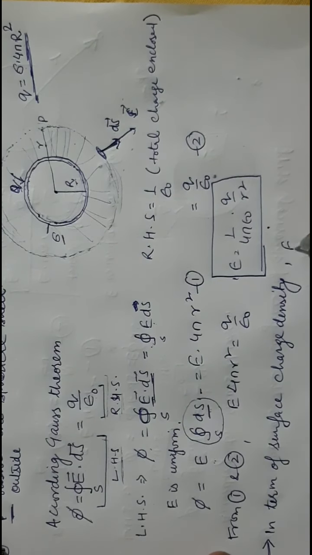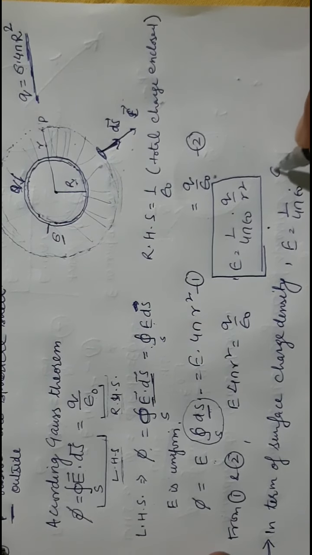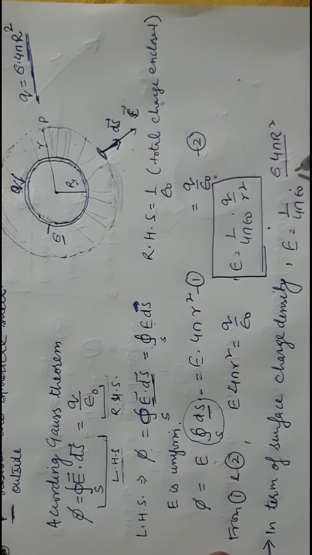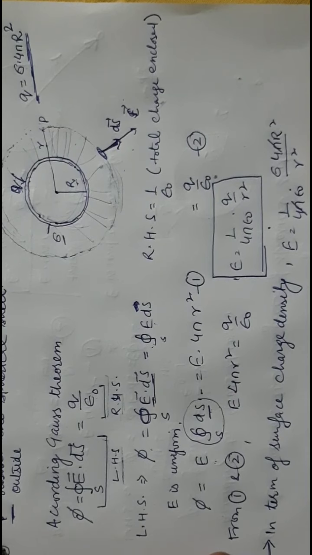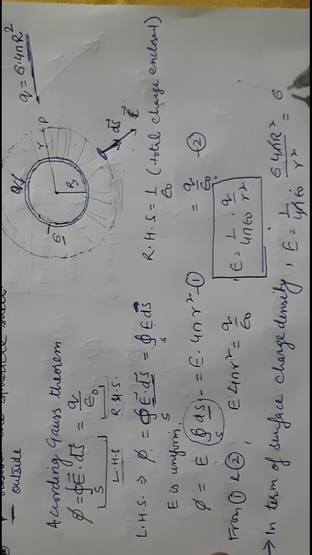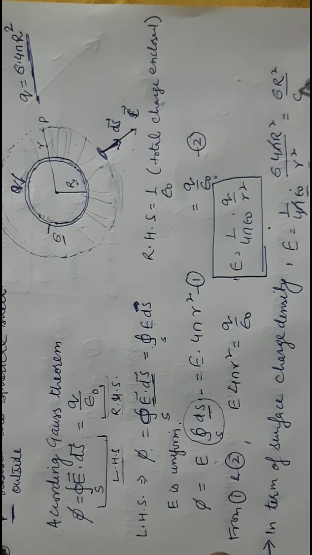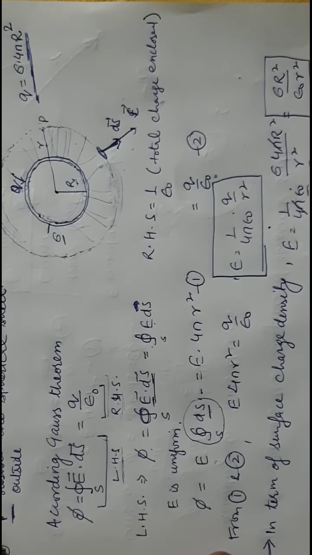So the electric field becomes 1 upon 4 pi epsilon naught, sigma 4 pi capital R square divided by small r square. So 4 pi gets cancelled out. We are left with sigma capital R square divided by epsilon naught into r square. So this is your electric field in terms of surface charge density.